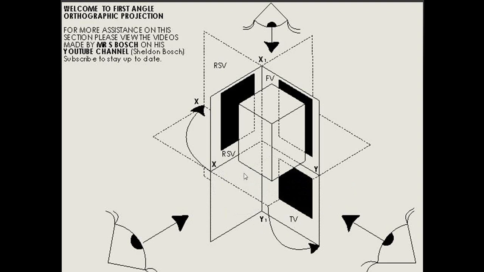My top view, which was over here on this plane, has now been folded down onto this vertical surface. Note X1, Y1. Now you can see why X1 and Y1 are opposites of one another. Yet X is not opposite Y just yet.